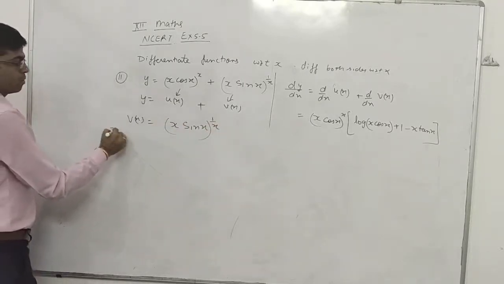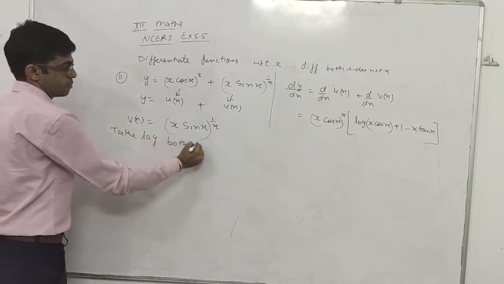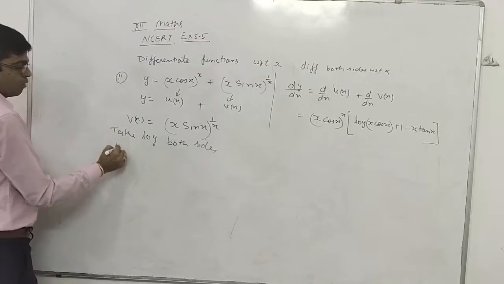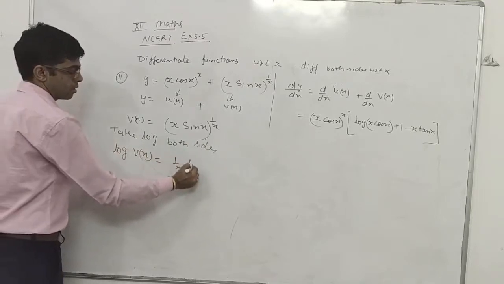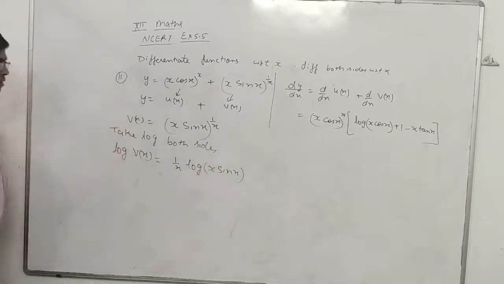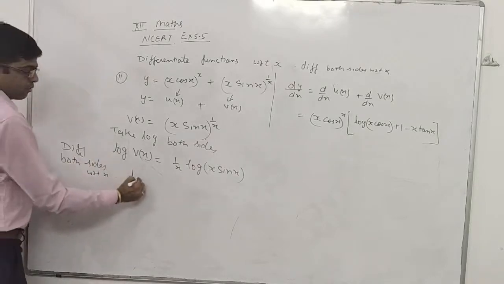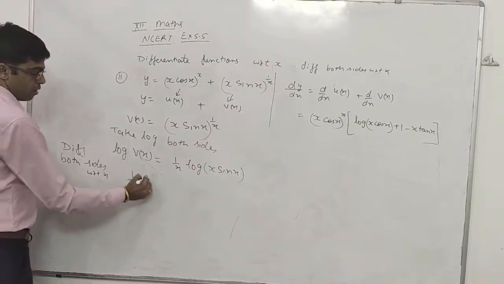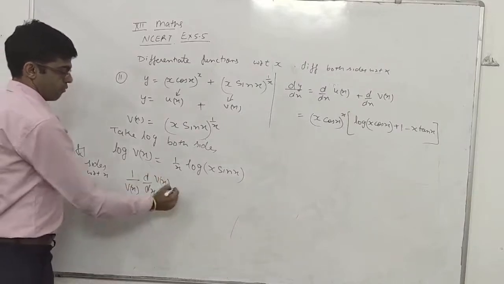Same, take log both sides: log of v(x) is 1 by x log (x sin x). Now differentiate both sides with respect to x: 1 upon v(x) dy by dx of v(x).